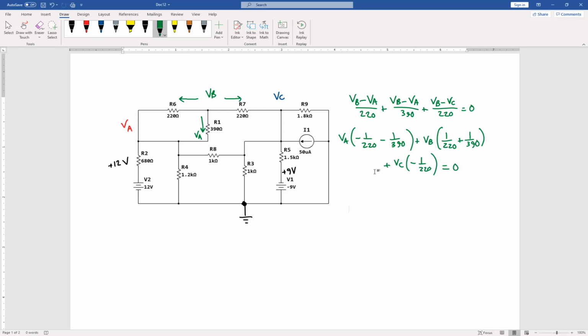Okay, so that's the second equation. Let me double check that. So the VA term should be negative, the next VA term should be negative. Both of the VB terms should be positive. Actually, there should be 3 VB terms. I made a mistake.